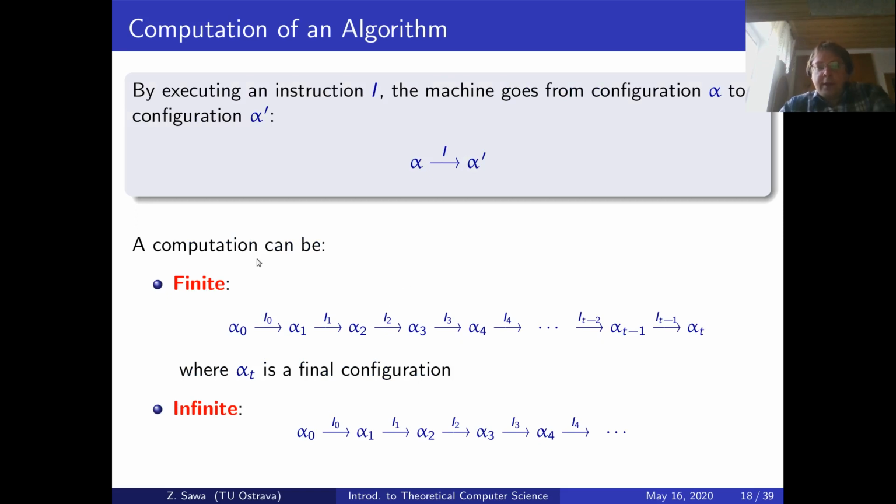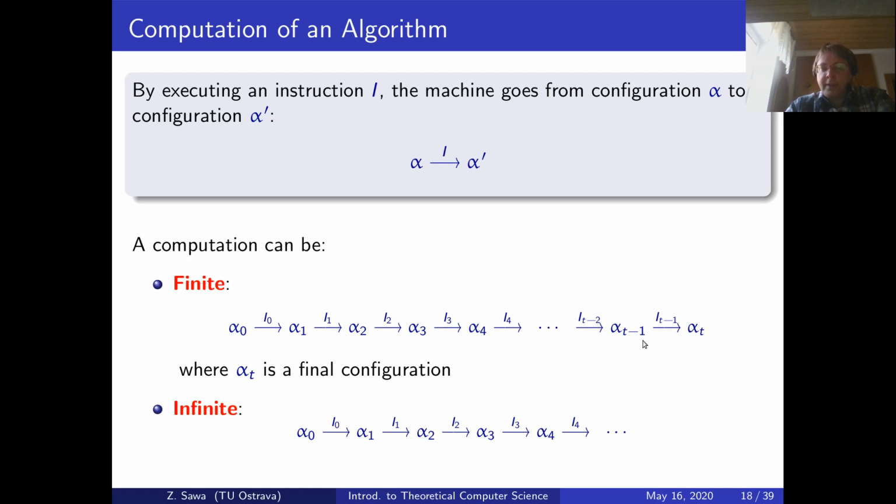In general, if we use this kind of notation, a computation could be written like this: it starts in some initial configuration alpha 0 depending on the input, then by performing this instruction it went to some new configuration alpha 1, then by performing some other instruction it went to configuration alpha 2, and so on.